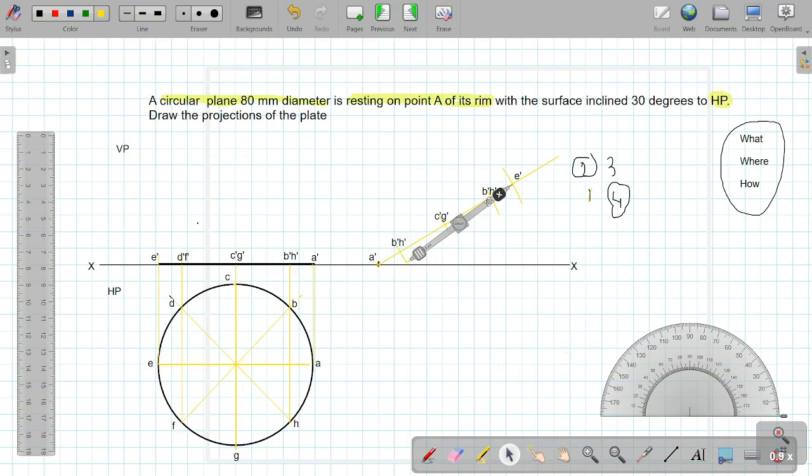Okay, there is one mistake here in the naming part. A, B, C, then this is D dash and F dash.